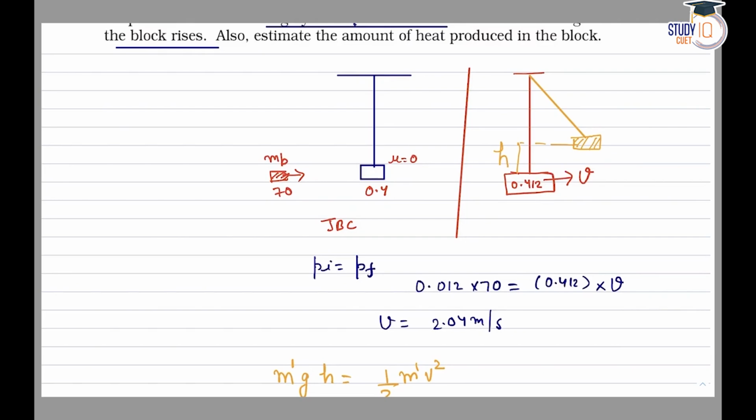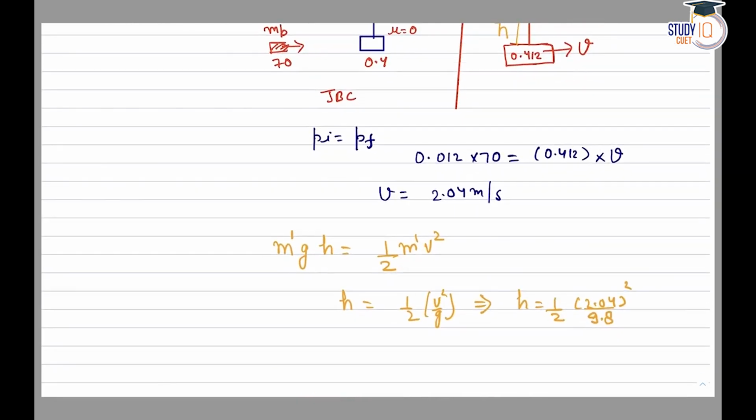On putting the values, v is 2.04, so h is 1 by 2 into 2.04 whole square upon g, where g is 9.8. On solving this, the height up to which the block rises comes out to be 0.2123 meter.